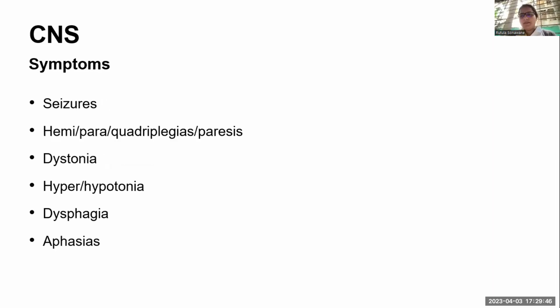So the common symptoms in the nervous system would be seizures. You have your paresis or plegias, depending on how many limbs are affected. You will have a lot of dystonia, hypertonia or hypotonia. You'll have dysphasias, you'll have aphasias. So these are the commonest symptoms that would be present in the central nervous system.